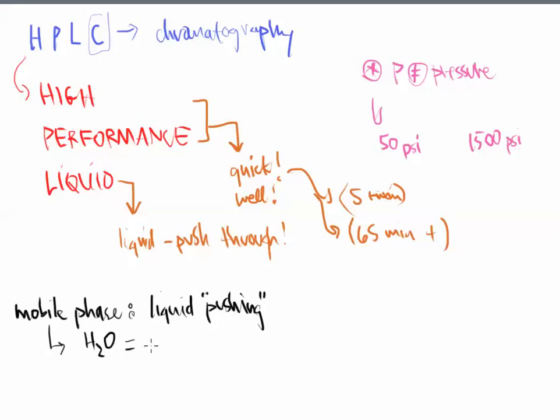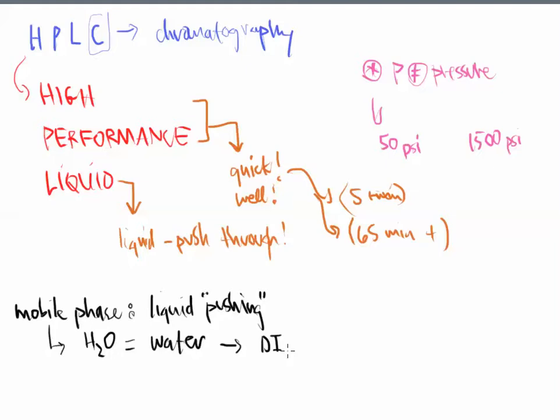Alright, so that's not fancy. The good news is that this is readily available. The good news is that this is fairly cheap. As long as we've got good quality water in the lab, then that's really all that we need. So when we say water, we're not really talking about tap water. We want to make sure that we all understand that this is deionized water or distilled water.